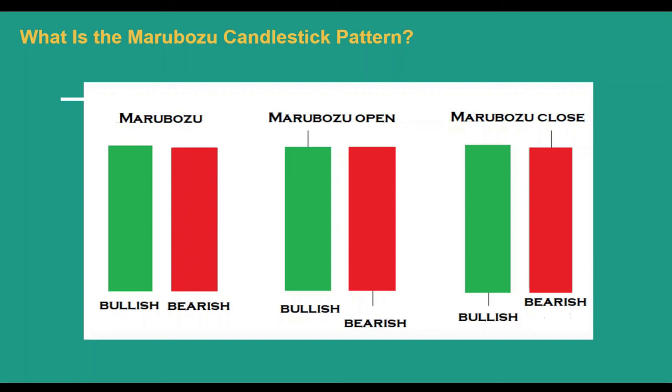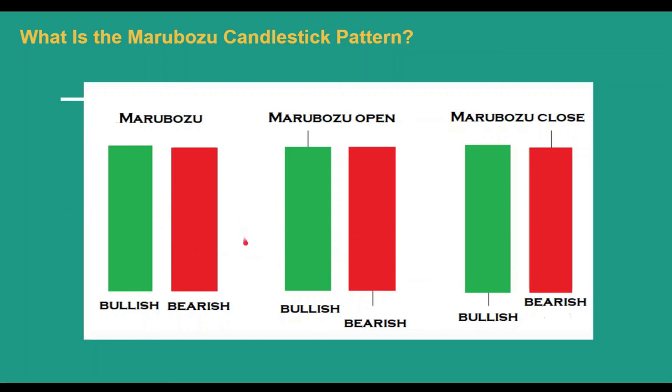In an intraday chart, you might get a perfect Marubozu candle. However, it's very difficult to get a perfect textbook form of Marubozu in a daily, weekly, or monthly chart. Here are different forms of Marubozu candles that can be seen in candlestick charts.